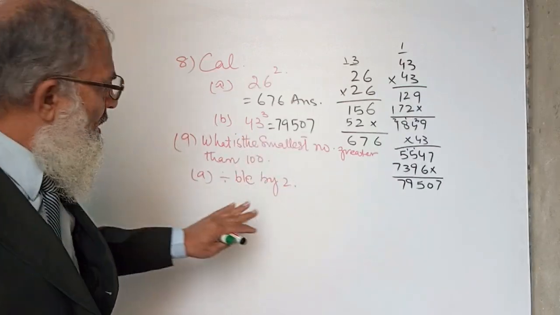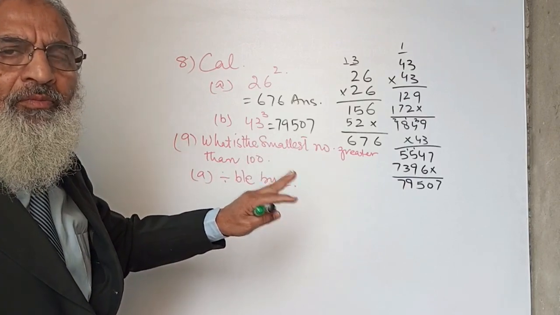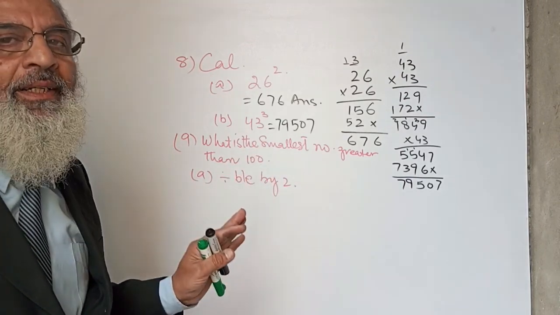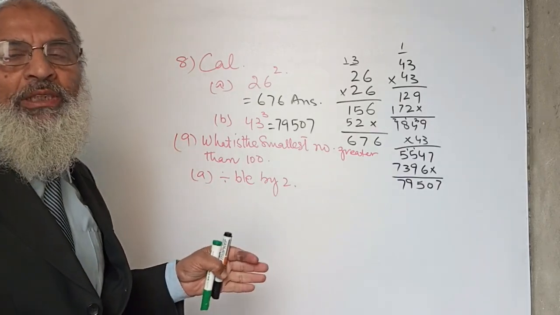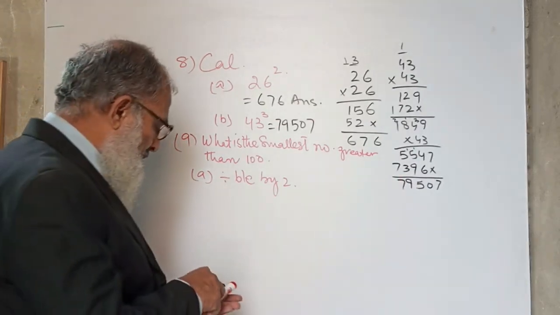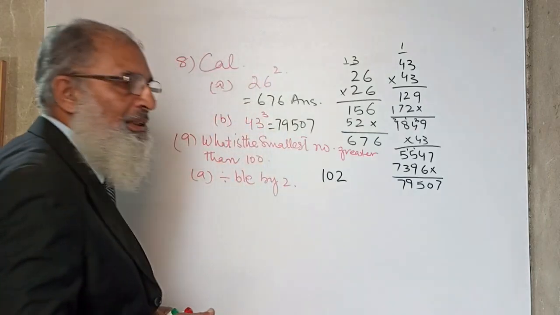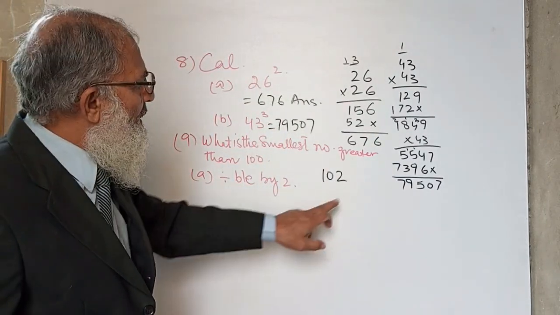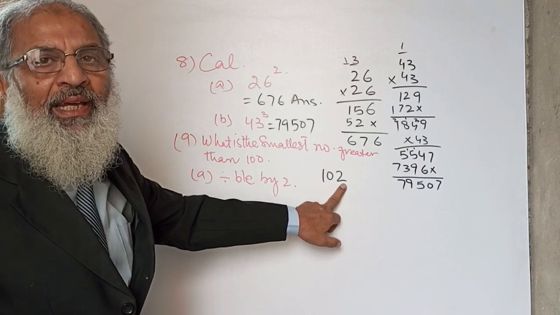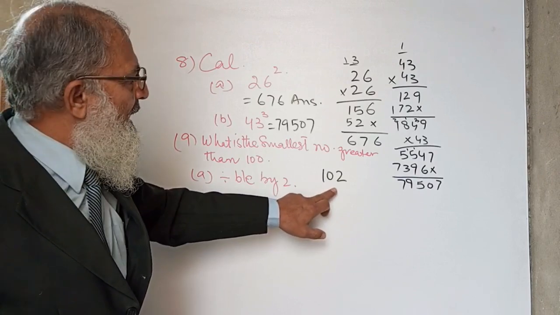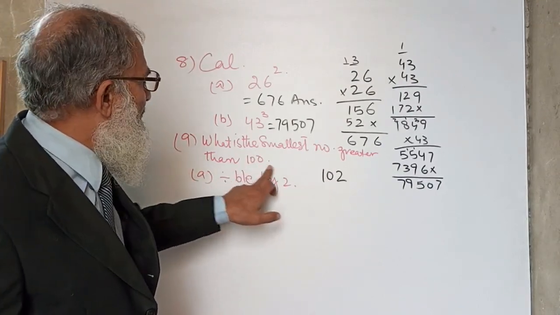Now we have to start from 101. So 101 is not divisible by 2, but 102 is divisible by 2, because as I told you in my earlier lectures, if we have an even number or 0 at the end of any number, that will be divisible by 2.